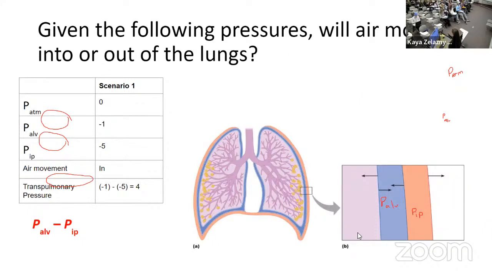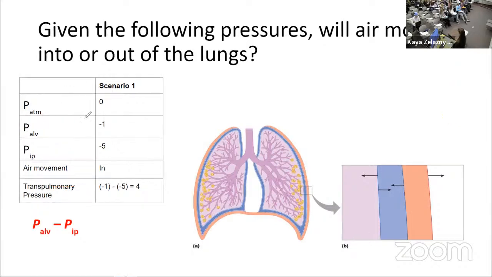Okay. So as we compare for our first scenario, the pressure in the atmosphere to the pressure in the alveoli, we can note that our pressure in the alveolus here is less than the pressure in the atmosphere. So we have a negative pressure in the alveoli and negative pressure in the lung.